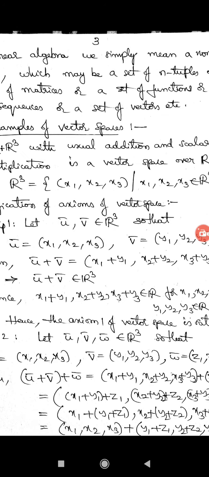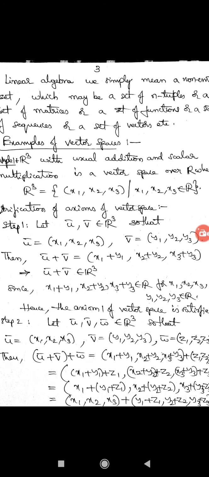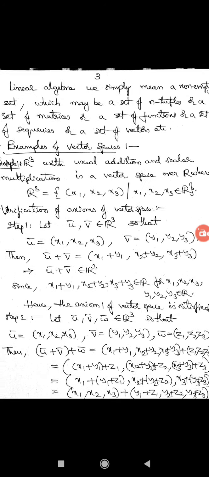So the meaning of vector space in linear algebra is not just a set of directed line segments, but sometimes it is a set of n-tuples, and sometimes it may be a set of matrices, or a set of functions, or a set of sequences, and it can even be a set of vectors also.